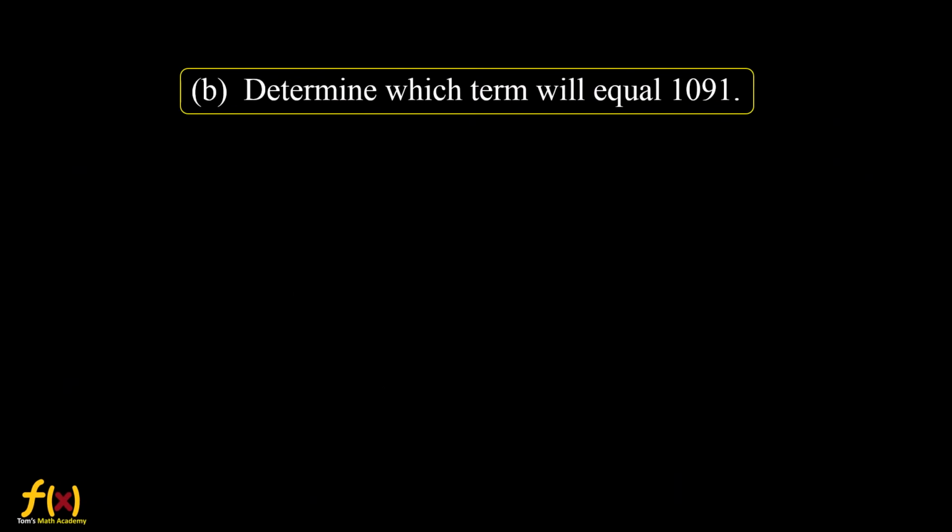Question continues. Question B, determine which term will equal to 1091. Which term? Meaning we have to find the value of n. So we start. Tn is available, that is 1091, and we have already calculated the Tn, that is n square minus 2n plus 3 equal to 1091.